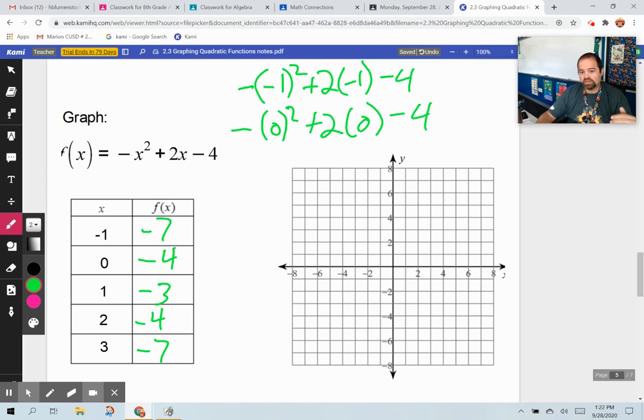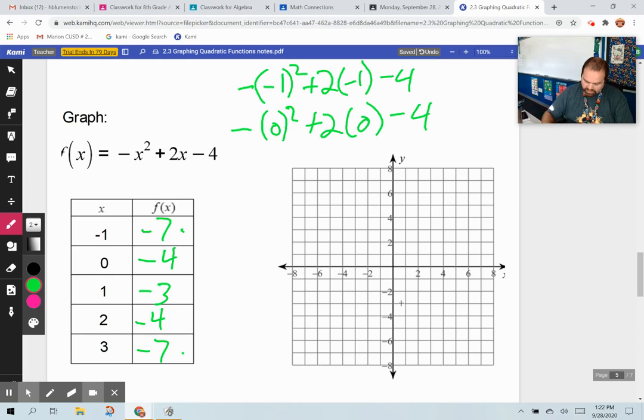Now, just like yesterday, you're going to see some repetition in these f of x values. Those f of x values are what you're going to use for your y coordinates. So at a couple of different places, your y coordinate is the same. That's how those x values can change left and right, but then your y coordinates are at the same elevation.